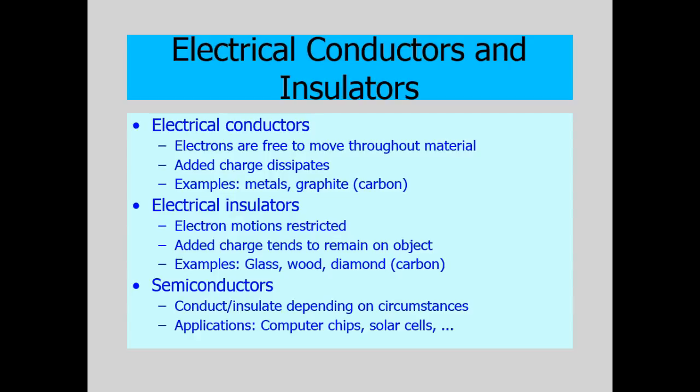Wood is an organic material made of complex carbohydrates, great big molecules without any spare electrons. Diamond is an excellent insulator. Guess what? It's pure carbon too. Chemically it is the same as graphite, but you couldn't be any further apart. Graphite's a good conductor, diamond's a good insulator.